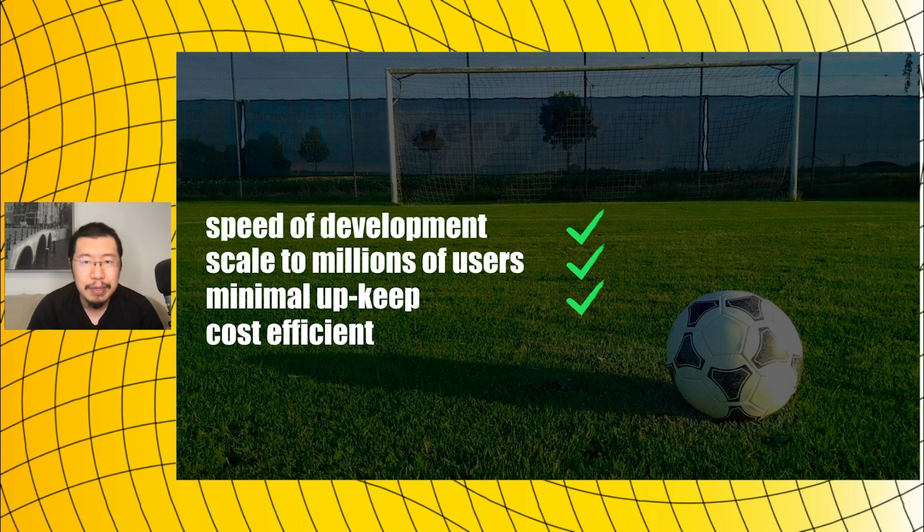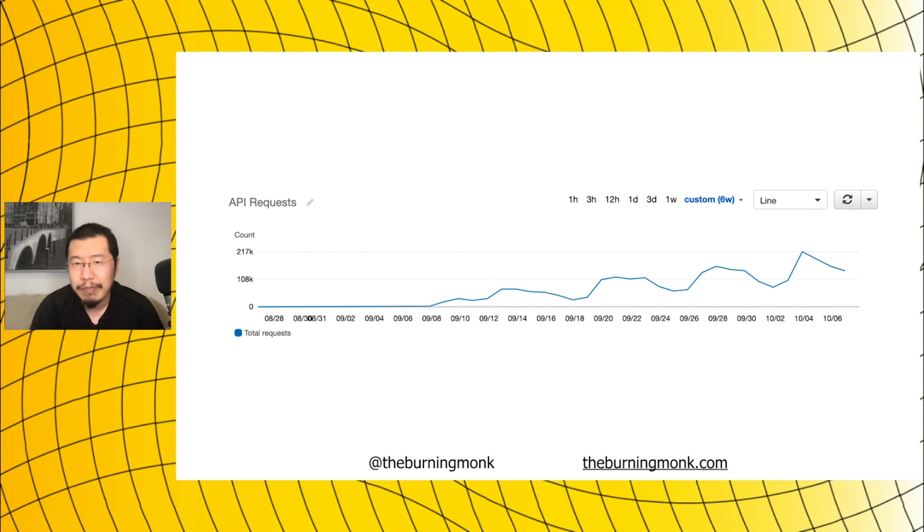So minimal upkeep, check. As for being cost efficient, we've been live for quite a while now, but because of the pandemic and the lockdown, the usage level has dropped significantly since the lockdown started. But when we first went live, we were averaging around 200 to 250,000 API requests per day, and our AWS bill for those months was about $60 per month.